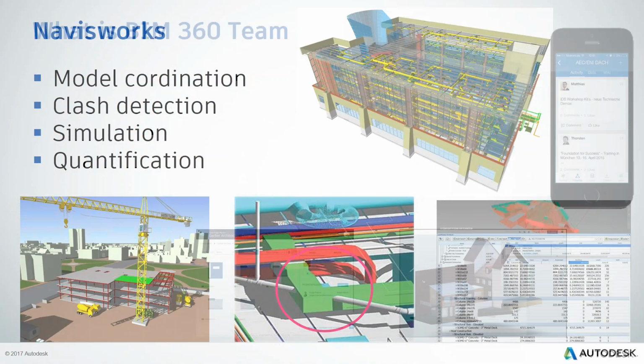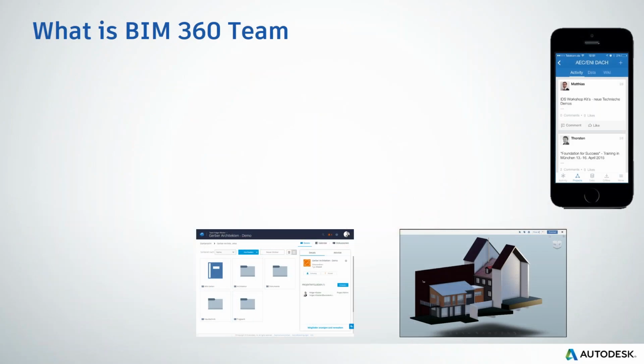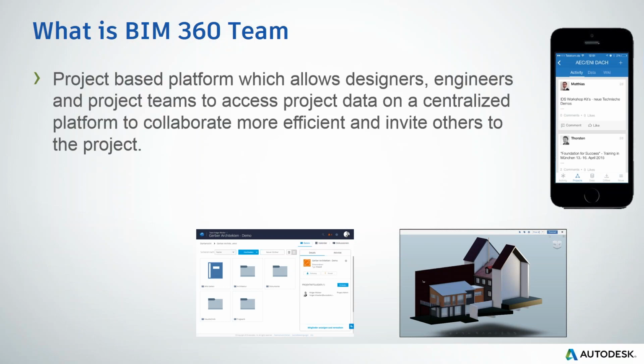So let's have a look at how we can communicate. We can communicate through BIM Team, which is in fact a tool, or better said a cloud service, where you can upload your model, create your own structure, and then share your design with other people.